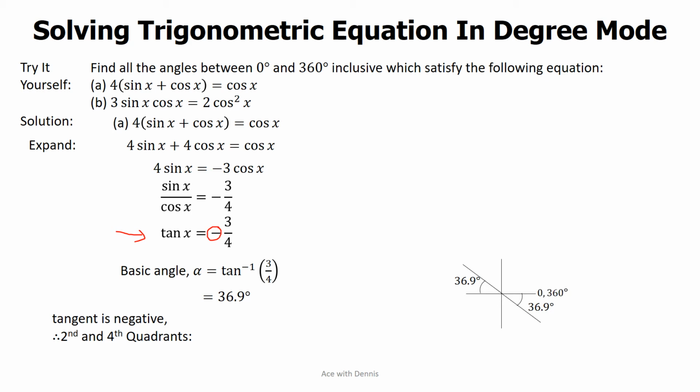All right, so identify 0 to 360 degrees, 180 degrees here. So we can get x is 180 degrees minus 36.9 degrees, which is in the second quadrant. 360 degrees minus 36.9 degrees, which is in the fourth quadrant. Okay, so we get the answer is 143.1 degrees and 323.1 degrees. So this is the answer for A.